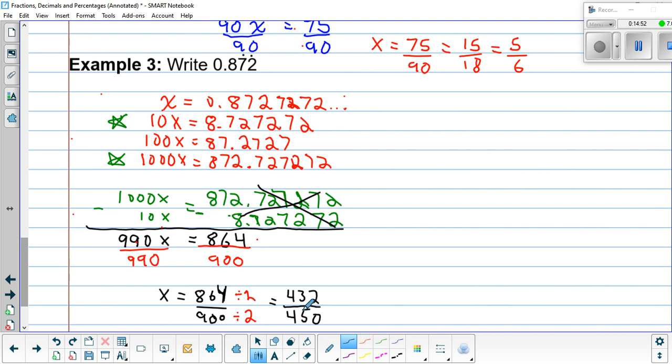Divide by 2 again. 216 over 225. And now you can just think, well, what makes up 25? Well, that's 1, 5, and 25. None of those can make up 16, so we're actually done there.